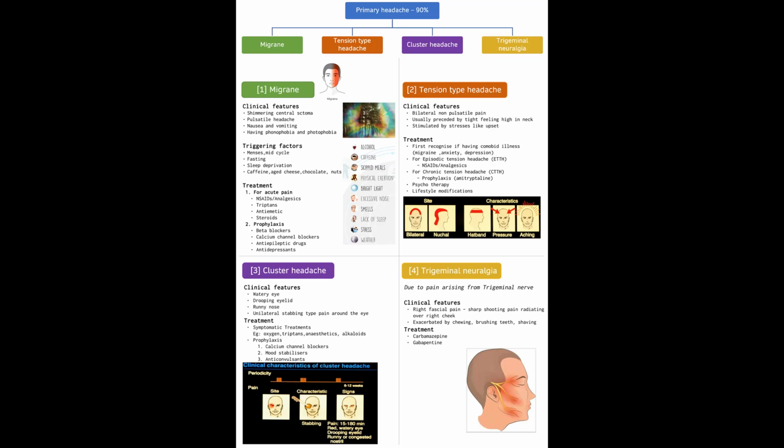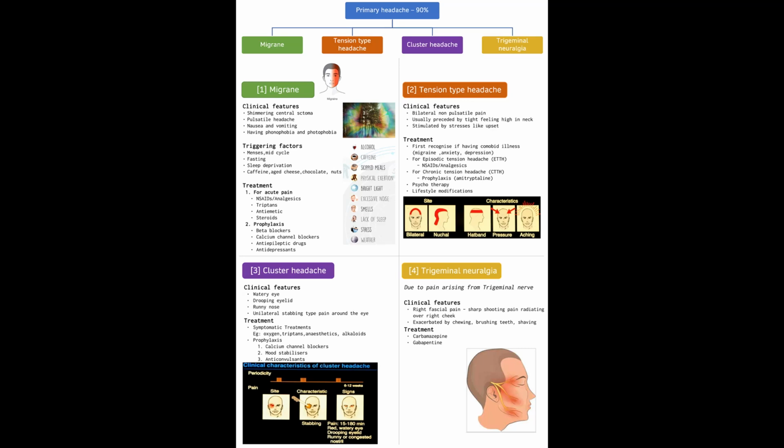The other type of primary headache is trigeminal neuralgia. Usually, the patients with trigeminal neuralgia go to dentists, assuming the pain is because of their bad teeth. This pain is arising from the trigeminal nerve.